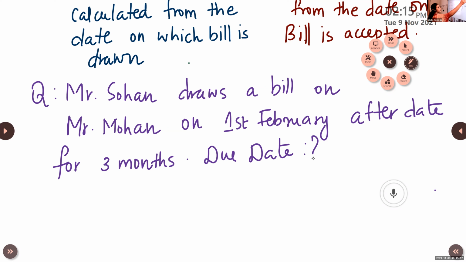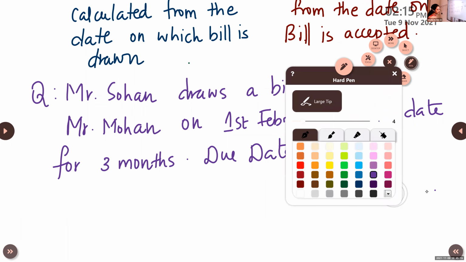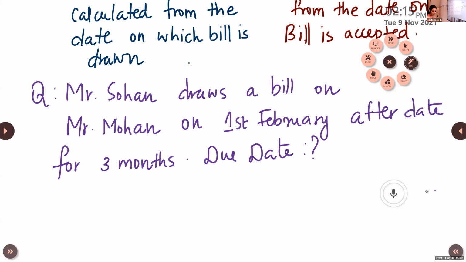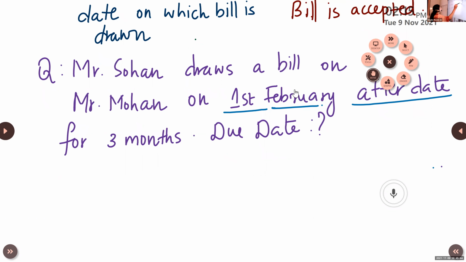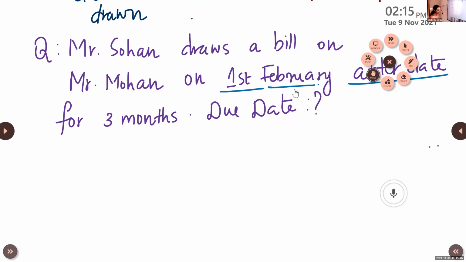So, read the question and see whether it is after date or after sight. Here you can see the word after date. After date means you should consider this date, the date on which bill is drawn. So, ready to solve? All took down the question? Okay.